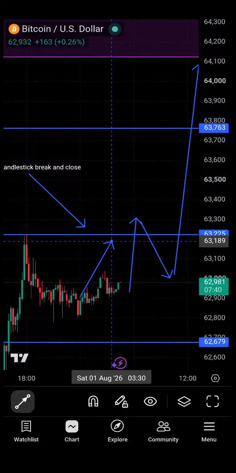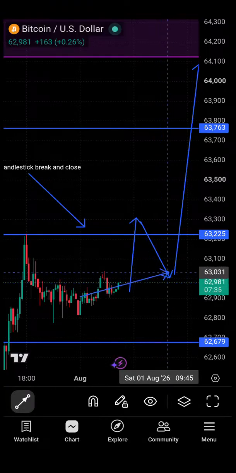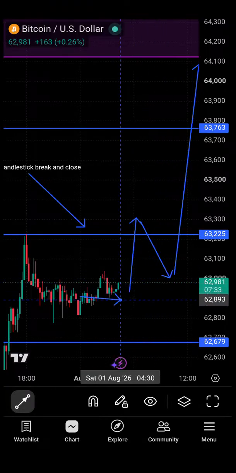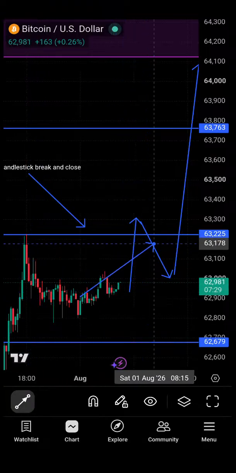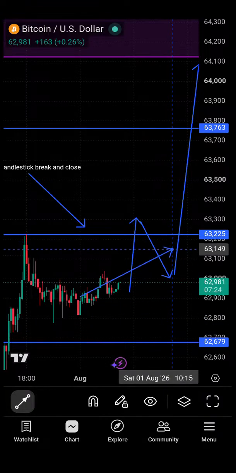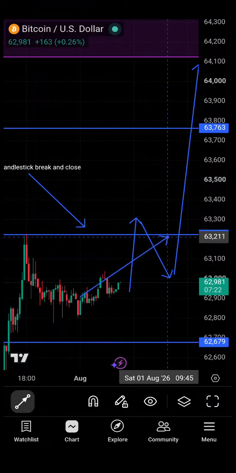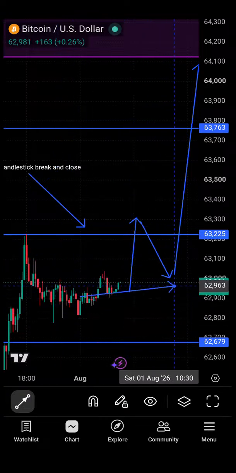But me, I want to see it break above and come back here. Then from around here, I'll take a buy. But inside this area, I will not be doing anything.